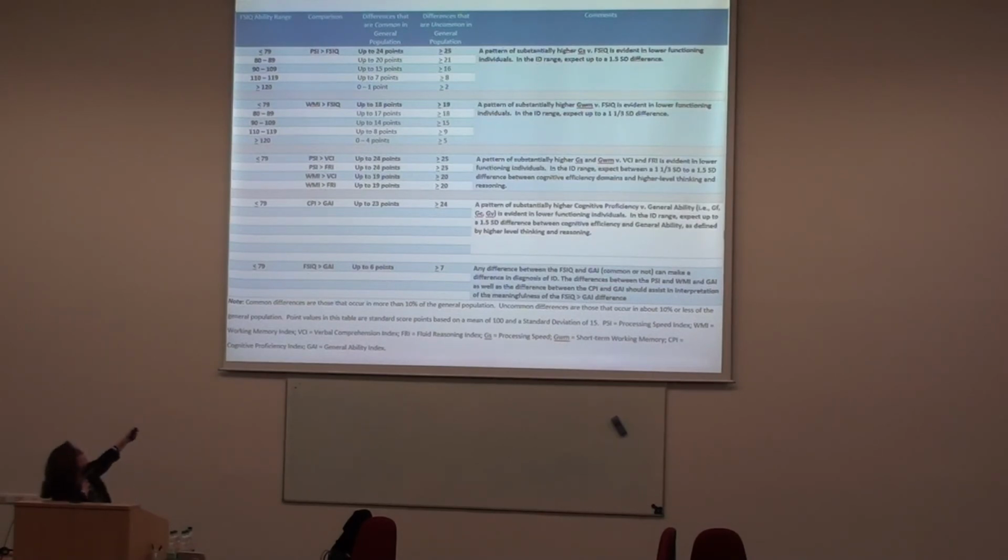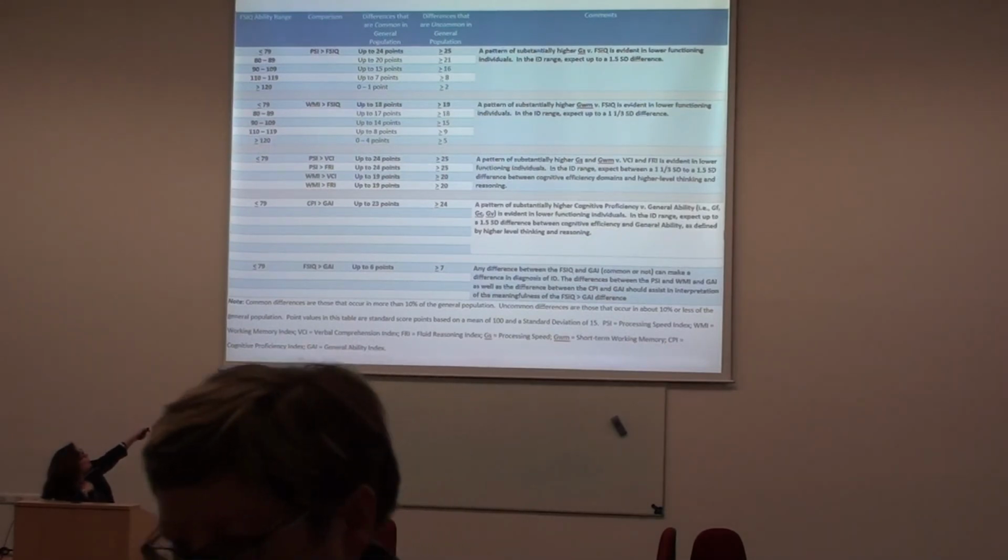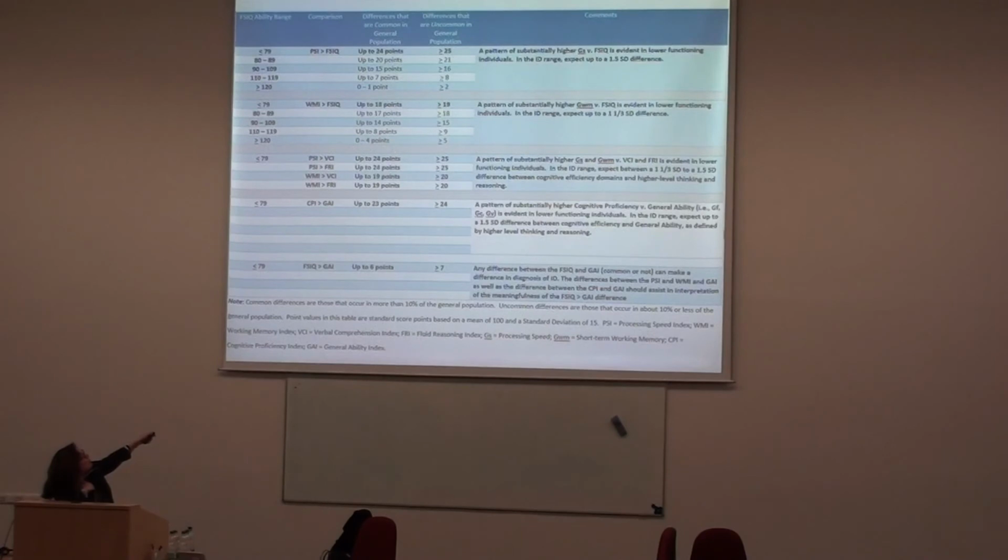Look at this. When you're in the 120s and higher, up to 4 points between your working memory being higher than your full-scale IQ is common. As soon as you hit 5 points, that's uncommon in your high-functioning people. But you have to hit 25 points to be considered uncommon in your low-functioning individuals.